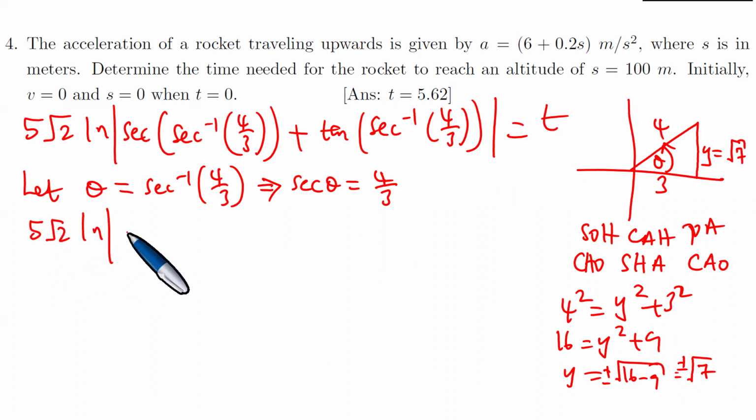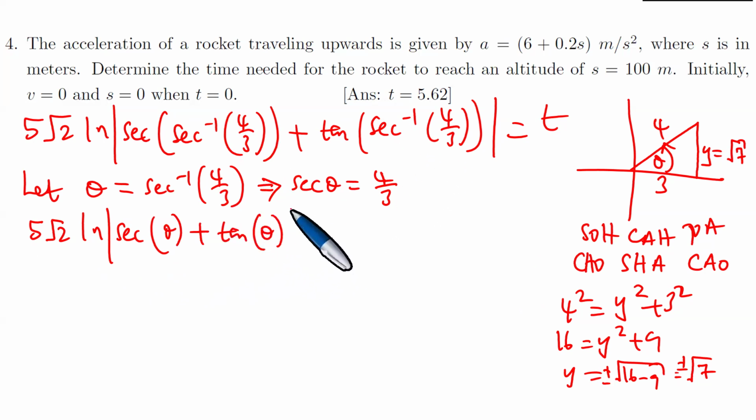Now, if this is the case, we have 5 square root of 2, the ln of the secant of the arcsecant of 4/3, which we call theta, plus the tangent of theta, and this is equal to t.